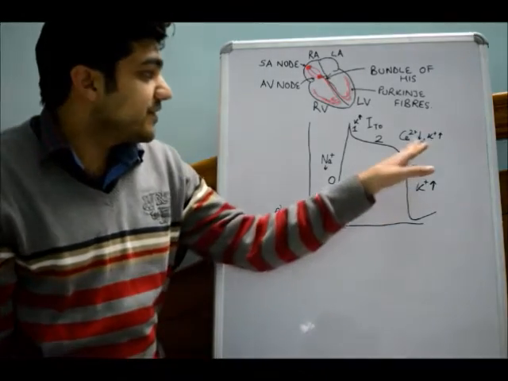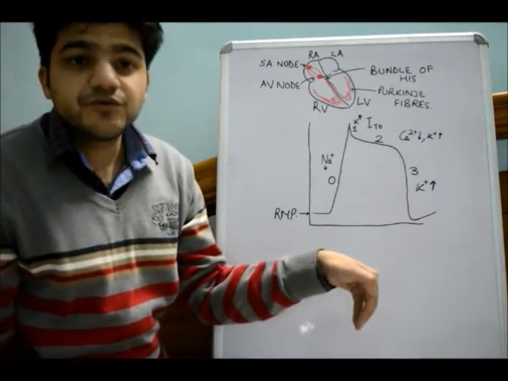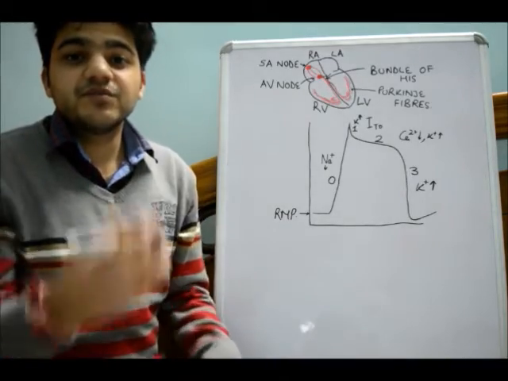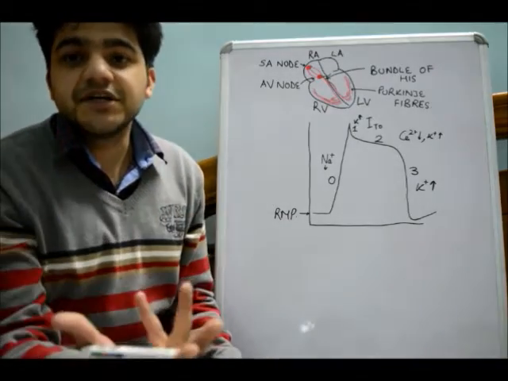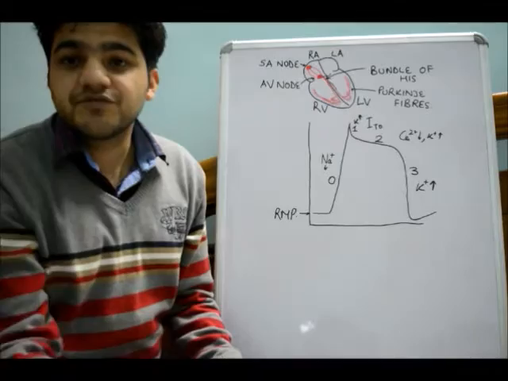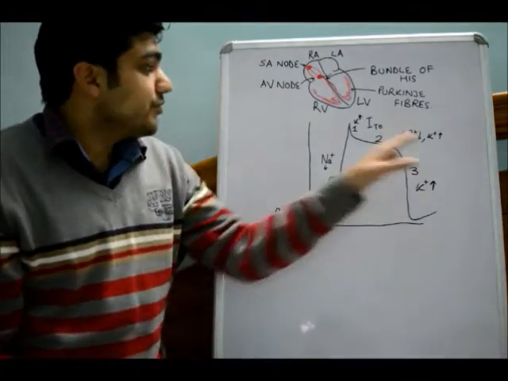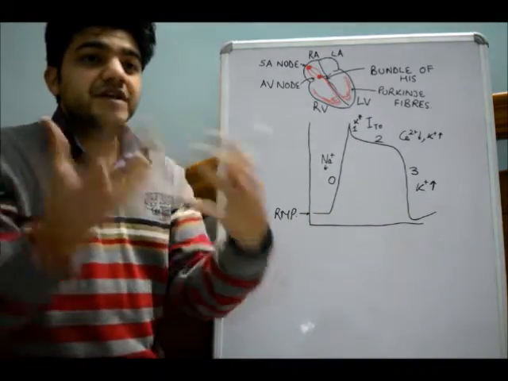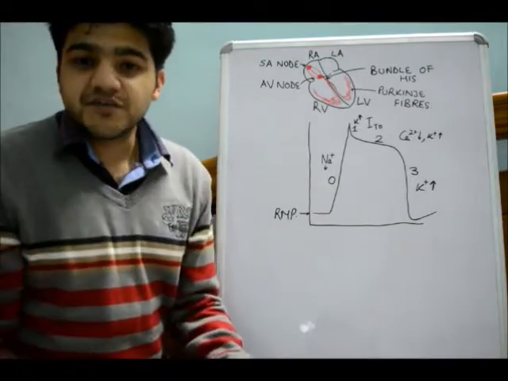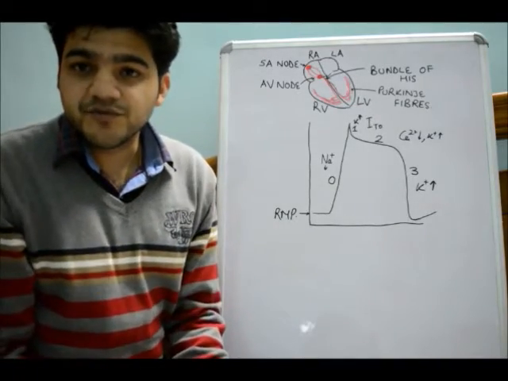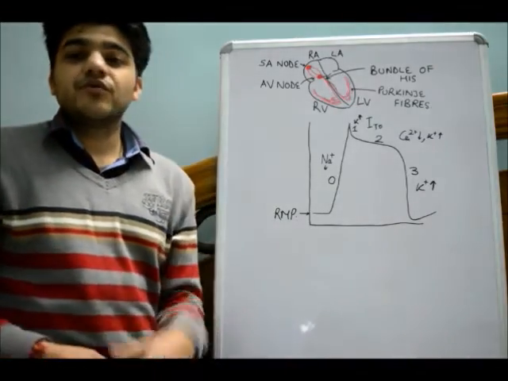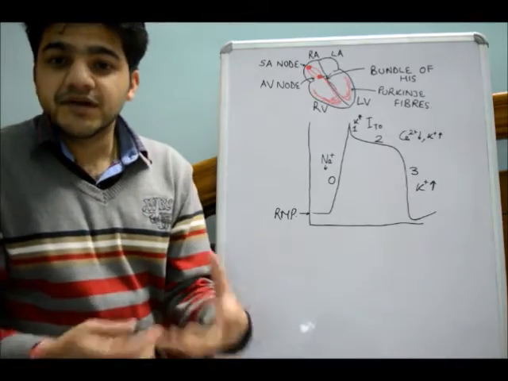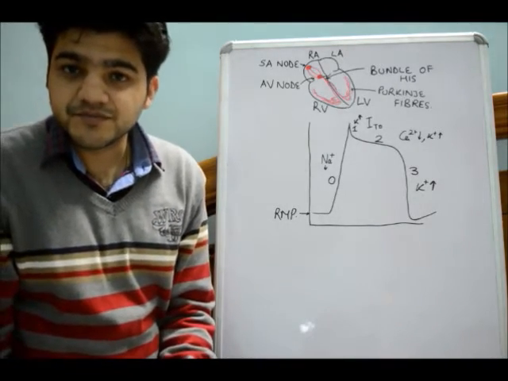When this calcium enters into the cell, it stimulates a calcium mediated calcium release from the sarcoplasmic reticulum. So the sarcoplasmic reticulum feeds even more calcium ions into the cytoplasm of the cell. So this calcium now helps in contraction of the muscle.